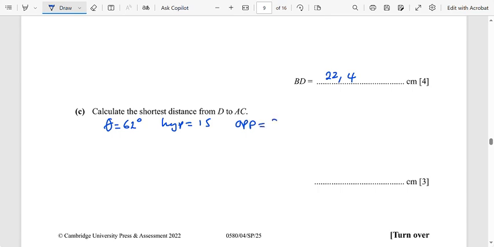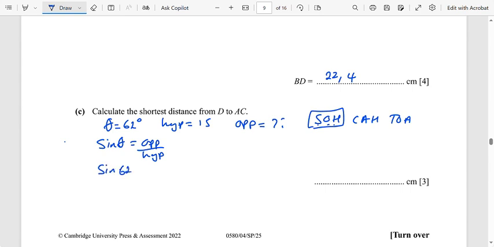Looking for the opposite. So using our SOH CAH TOA, we want the trig ratio which links the opposite and the hypotenuse. So sine can do that. Sine theta is equal to opposite over hypotenuse.